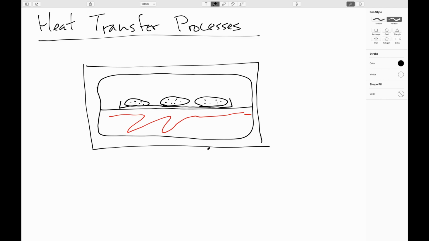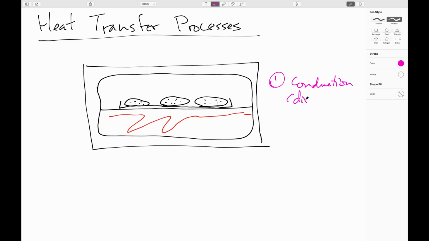Anyway, to understand how we get all of this to happen, we'll take a look at the three ways by which heat can be transferred. So I'll start with the most efficient of the processes, and that is conduction. This we've already looked at a bit before.